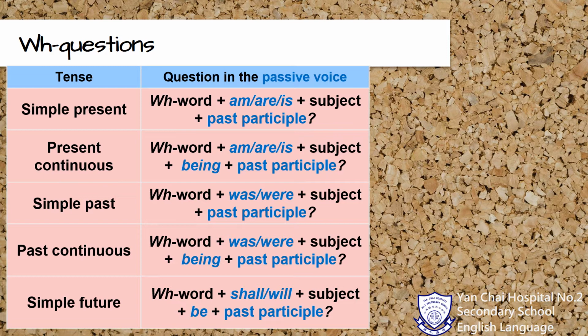For simple past tense, again, we have the WH word at the beginning, and then we have was or were plus subject plus past participle. Past continuous tense, WH word plus was or were plus subject plus being plus past participle. For simple future tense, we have WH word and shall or will plus subject plus be plus past participle.